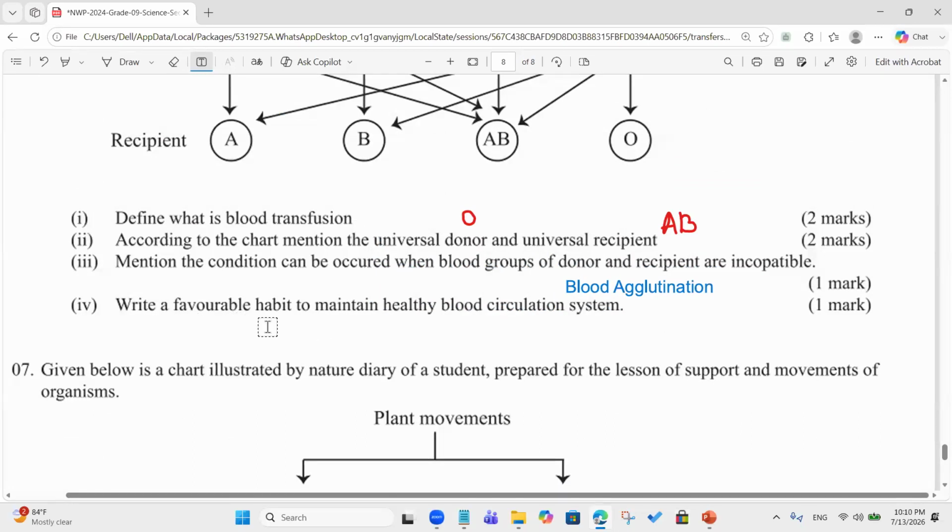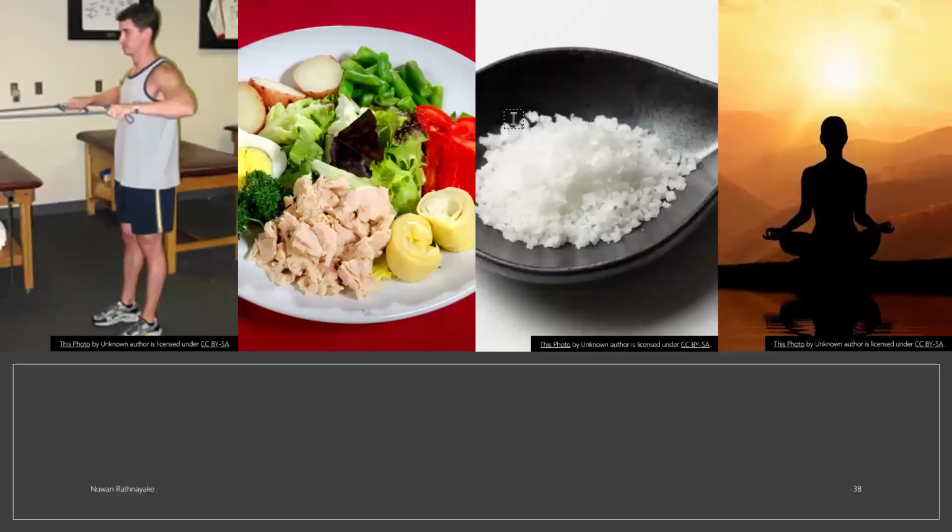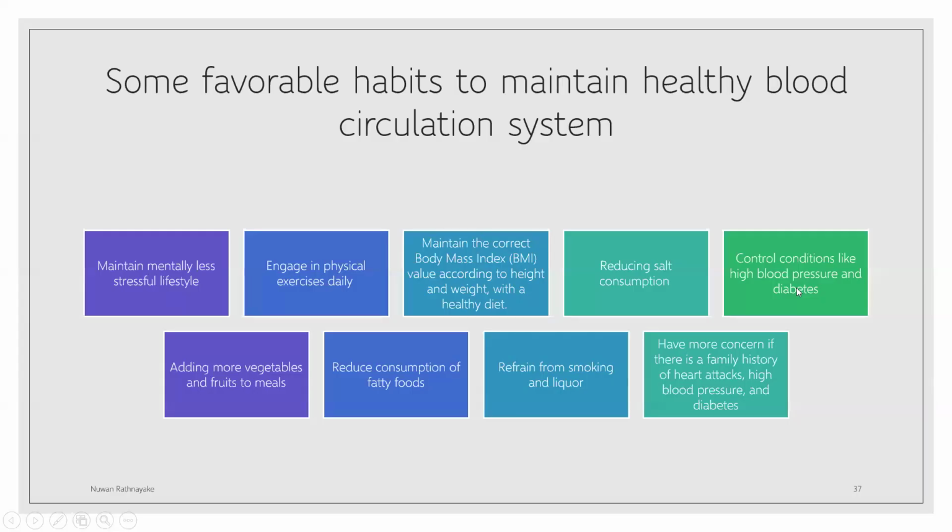Seventh, last question. Write a favorable habit to maintain a healthy blood circulatory system. How do you maintain it? See, there are some points. Doing regular exercises, having a balanced diet, minimizing salt consumption, and doing meditation, right, we can have a healthy circulatory system.